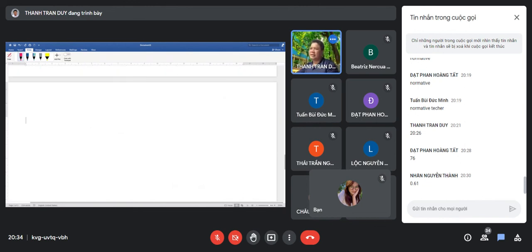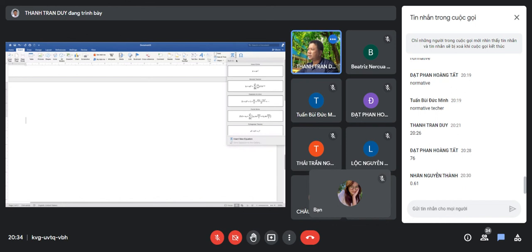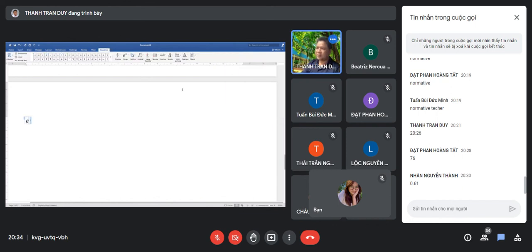How can we find elasticity? Now, the elasticity equation: elasticity will be equal to percentage change in Q divided by Q and percentage change in price divided by P.